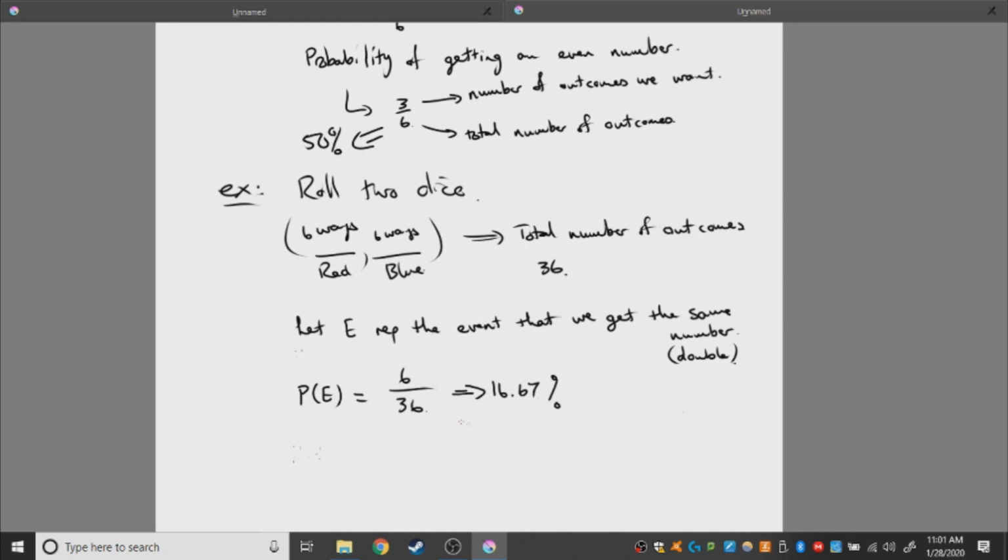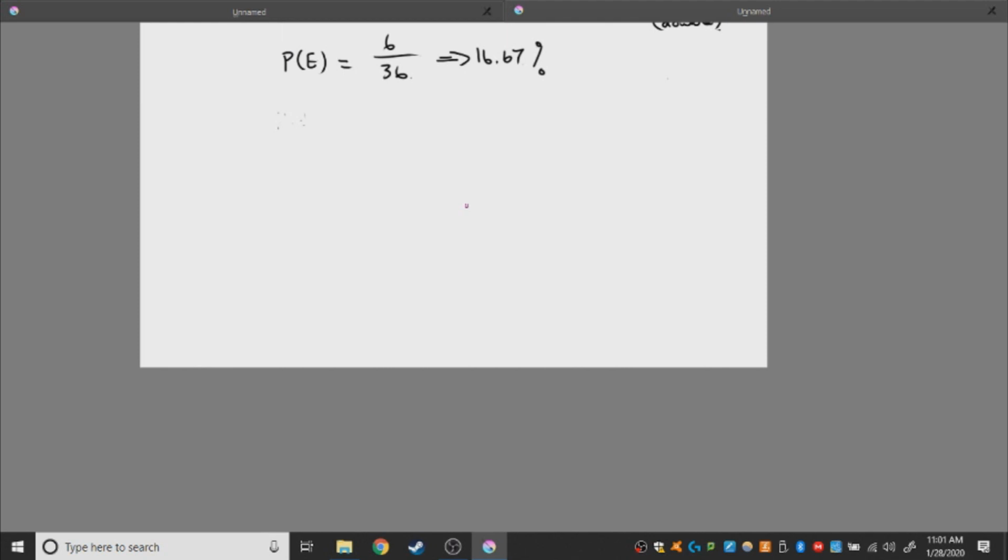So I just want to interpret this percentage. Let's take this last one. It gives you an indication, depending on where it sits, from 0 to 100%. Closer to 0 means less likely: if I were to do this once, I'm probably not going to expect to get a double. It's possible, I can get lucky, but probably not.